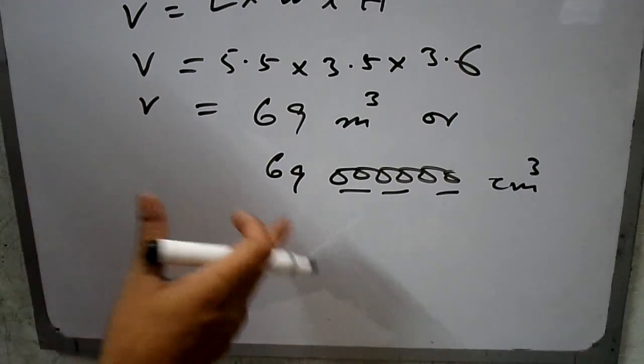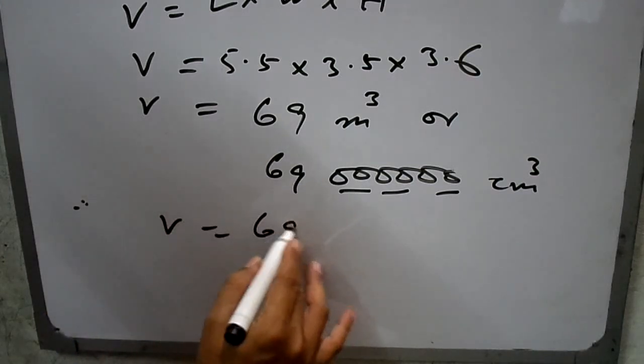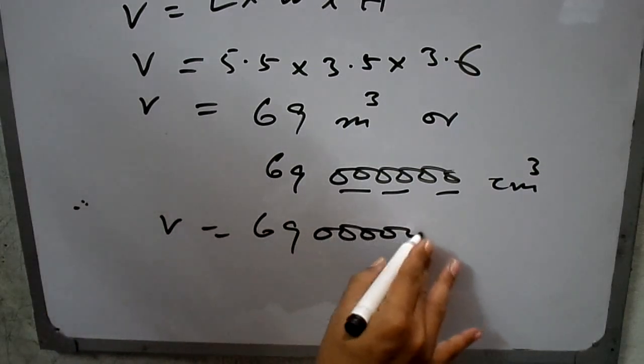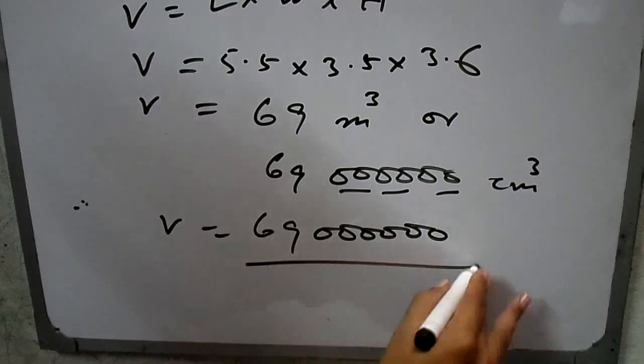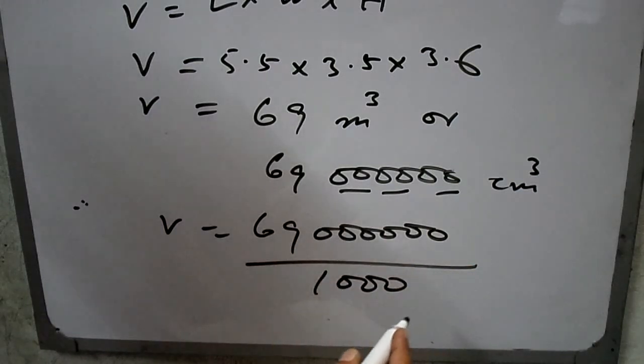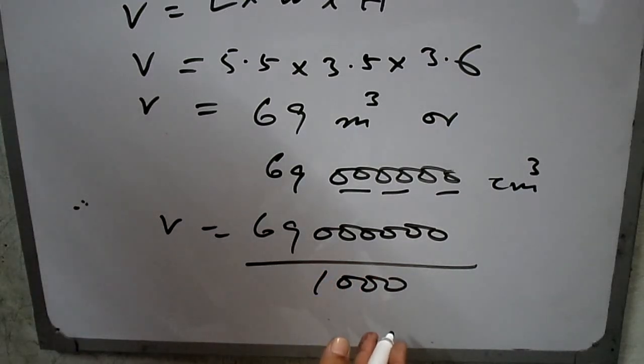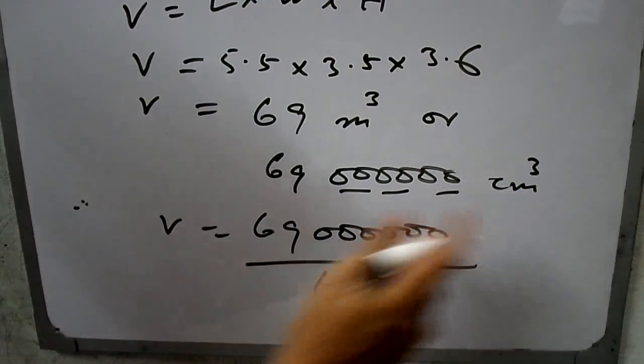Capacity means we have to find in liters, so therefore volume is equal to 69,246 divided by 1000. Because why I have divided by 1000, because 1000 centimeter cube is equal to 1 liter.